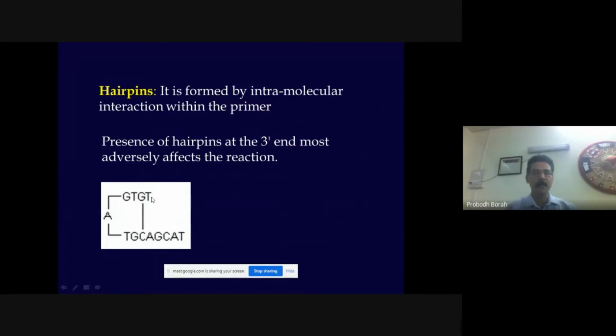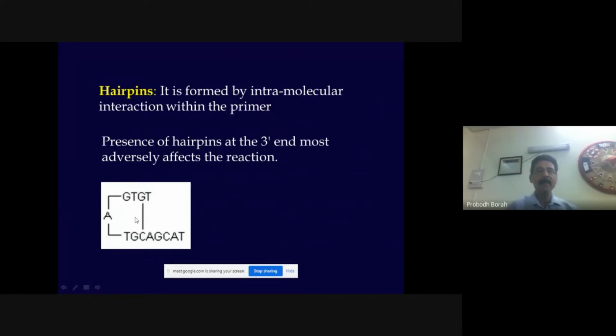So in that case, if the complementary sequences of the two segments contain 3 or more nucleotides that contain G or C, then there will be a compact binding between the two segments within the primer. So the primer will get folded and the fold will become stable.